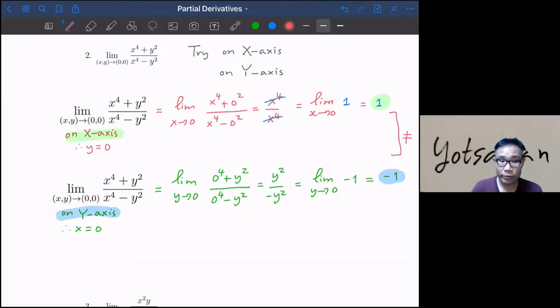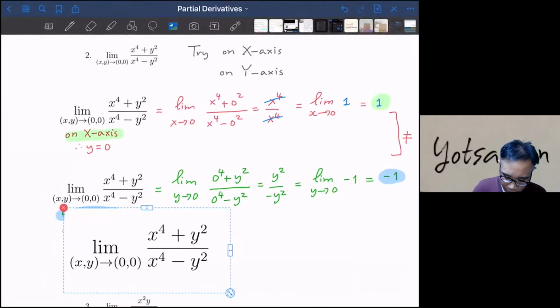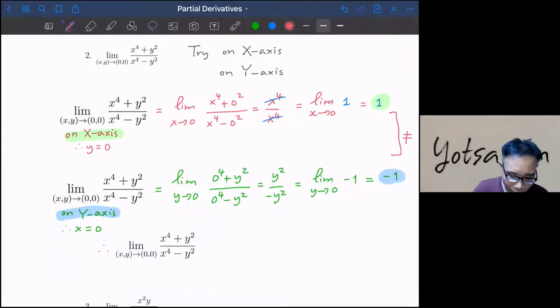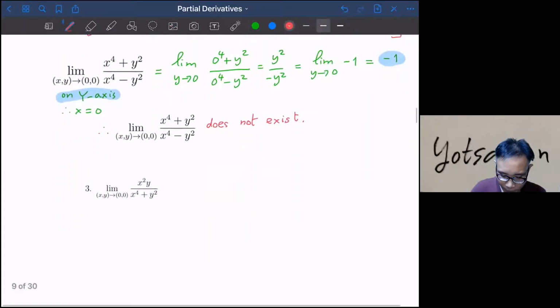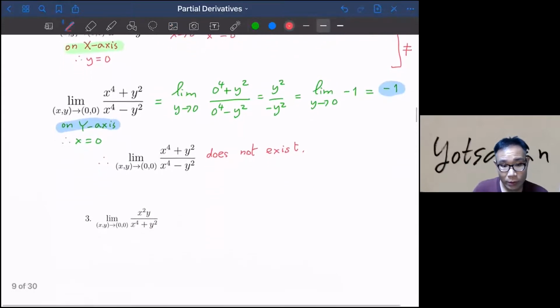So we conclude that the limit you have here does not exist. So this limit does not exist in this case. Okay, so this one is number 2.